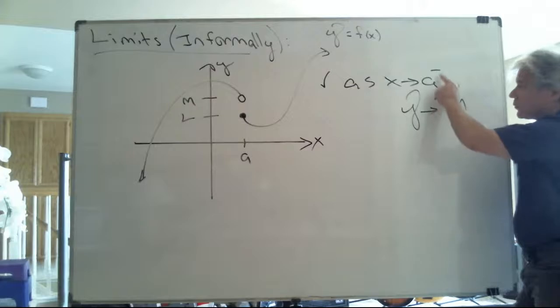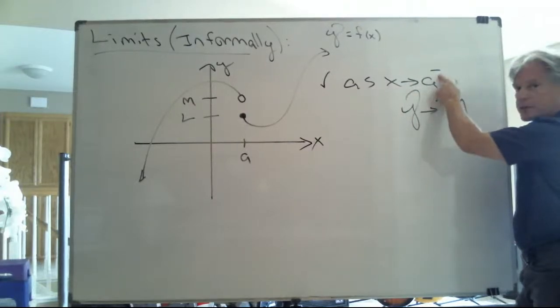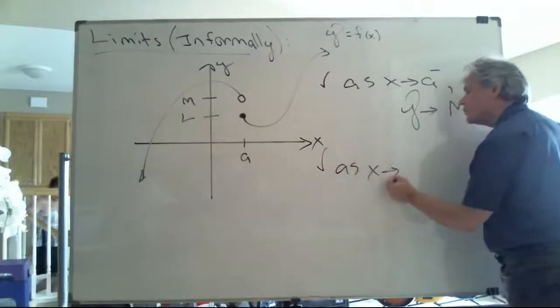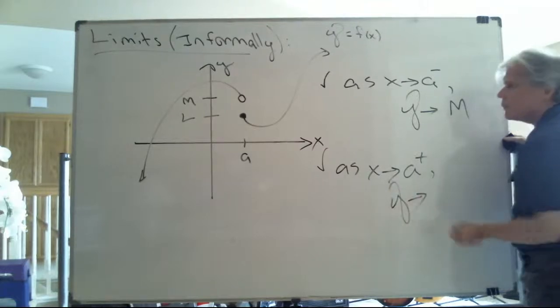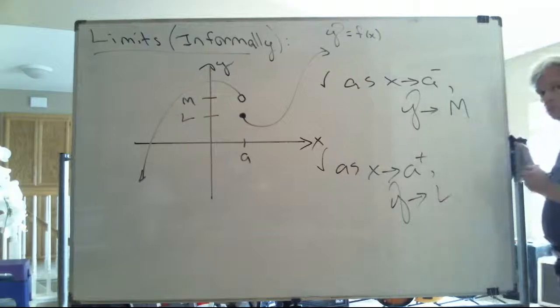When I use a superscript negative sign, it simply means x is approaching a from the left. Notice, however, as x approaches a from the right-hand side, the corresponding y values on the graph are actually approaching the number I labeled as nil.